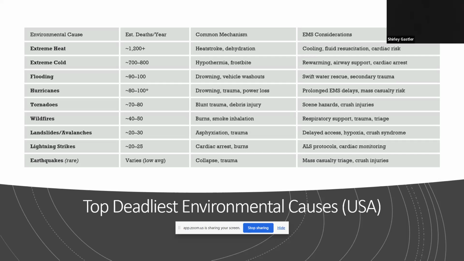Typically, if you get struck by lightning, it will throw you into VFib or VTach. If you get struck and you're fine, you're fine. If you get struck and you're dead, that's when you focus on the dead first, because a lot of times, with good ACLS protocols, we can bring them back.